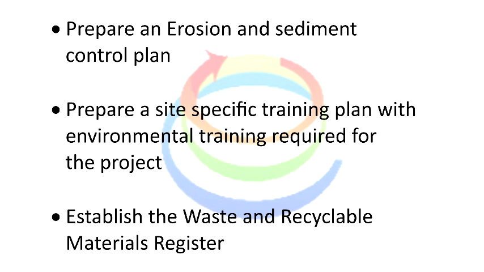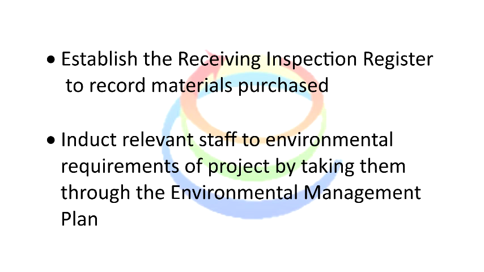Prepare an erosion and sediment control plan. Prepare a site-specific training plan for environmental training required for the project. Establish the Waste and Recyclable Materials Register. Establish and keep the Inspection Register to record materials purchased.